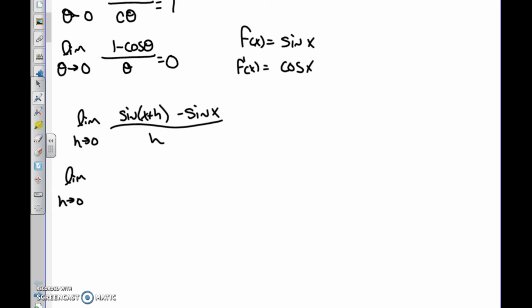So the limit as h approaches 0 of, in this case, sine of x cosine of h plus sine of h cosine of x, minus the original function, which is sine of x, all over h.